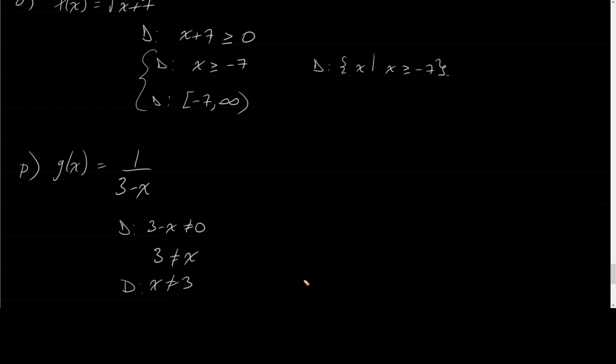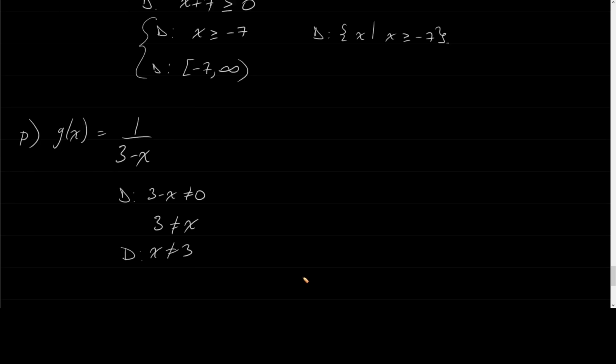In interval notation, it would be the set from negative infinity all the way up until 3, union 3 to infinity. Notice I didn't include 3 in either one of those.